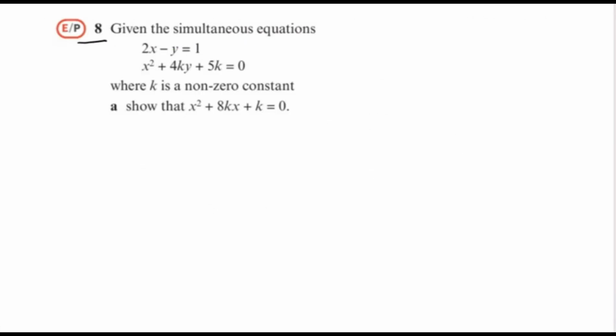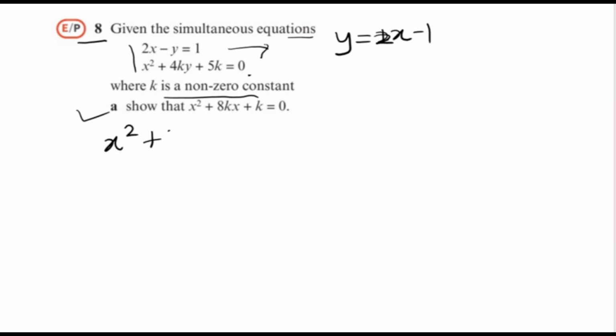Move to question number 8. Given the simultaneous equations, two equations are given here, where k is a non-zero constant, and we have to show this. An easier way is to convert this linear equation into the form y is equal to 2x minus 1. That will be easy. And substitute in this quadratic equation.